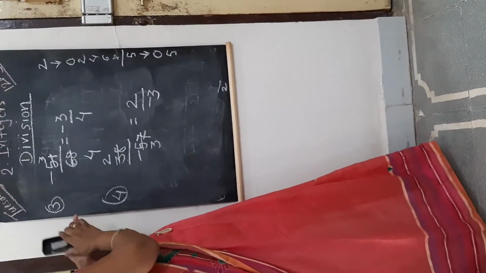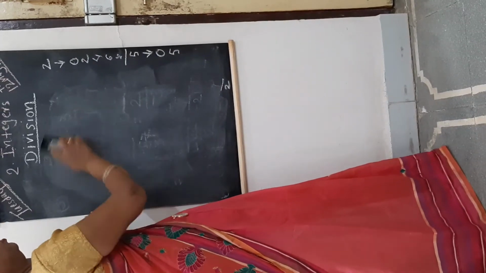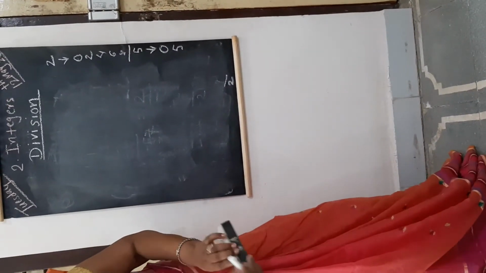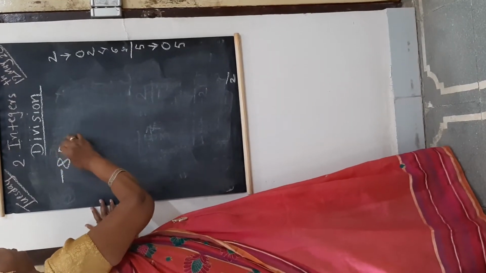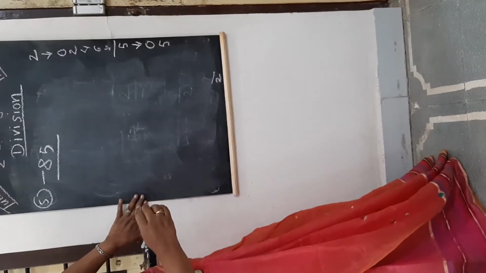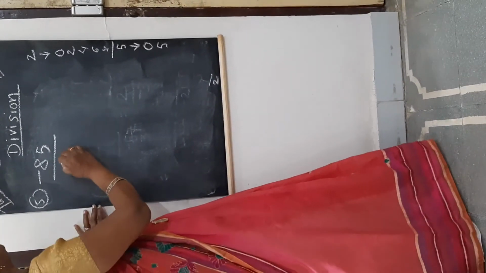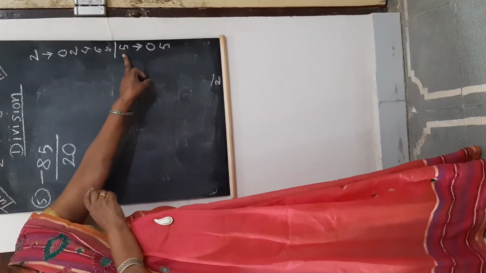Let us take the next example here. Fifth one is going on. Negative 85 divided by 20. Here we can use the test for divisibility by 5.